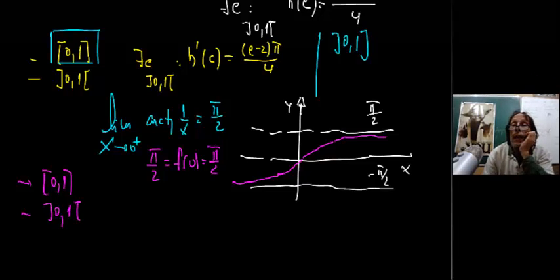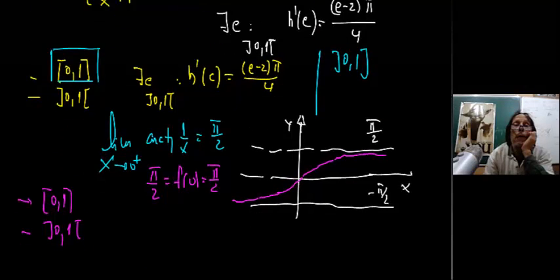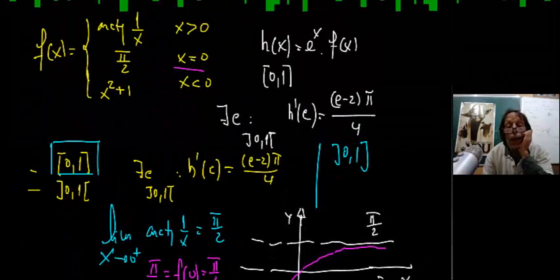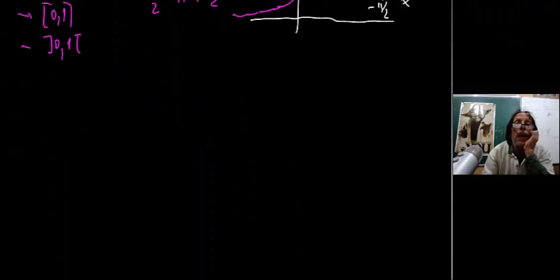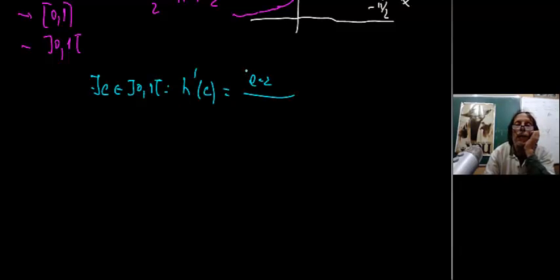So now it is only a question of the calculations, and I can apply the Lagrange theorem. I'm going to show that there is a point c which belongs to the open interval 0 to 1, where h prime of x is equal to (a minus 2) times pi over 4.